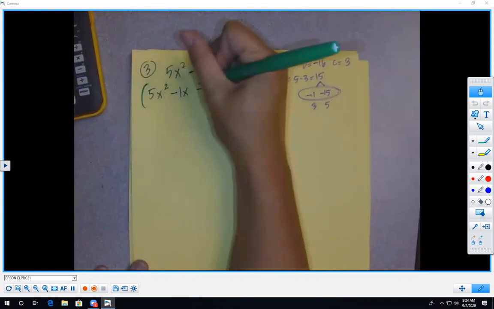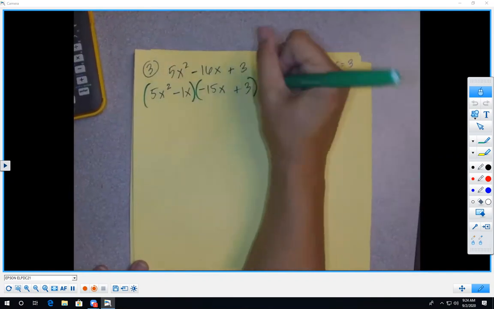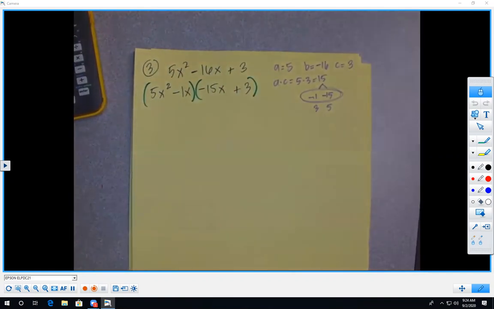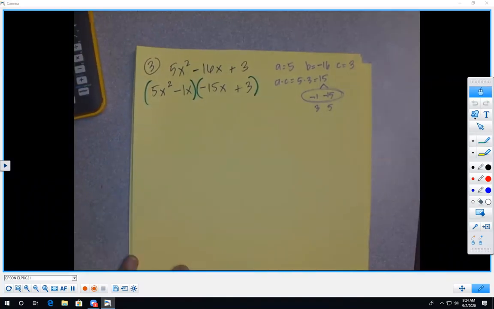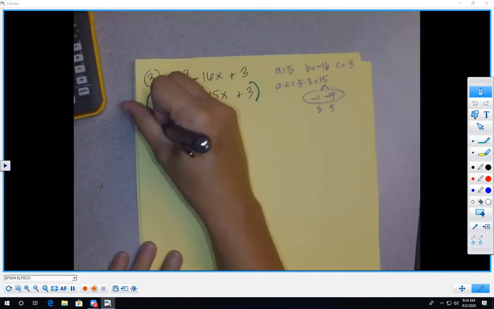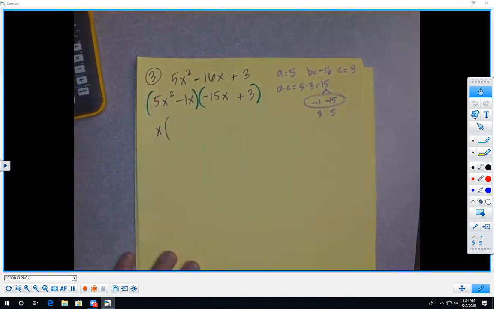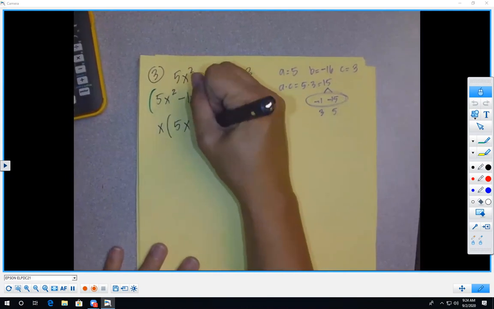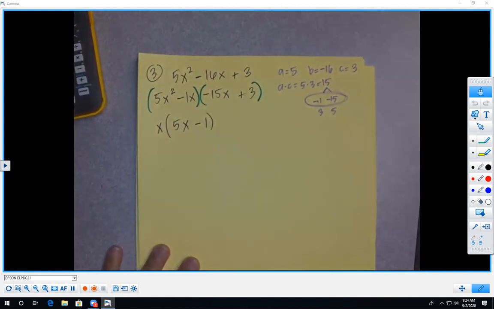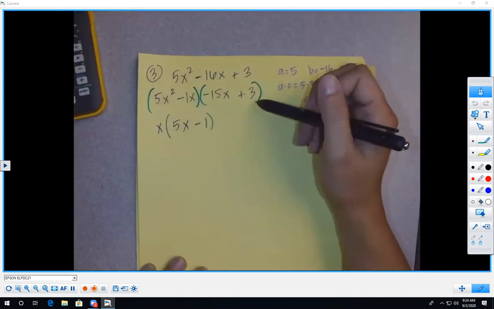Let's put them in two sets of parentheses. Pull out the GCF of the first one, 5x squared and 1x. What's the GCF there? X. 5x squared minus 1x, when I take out an x, you get 5x minus 1. For the next set of parentheses, negative 15x plus 3.